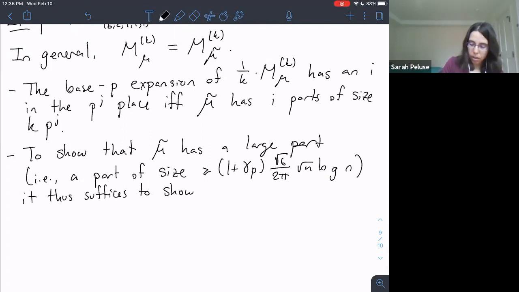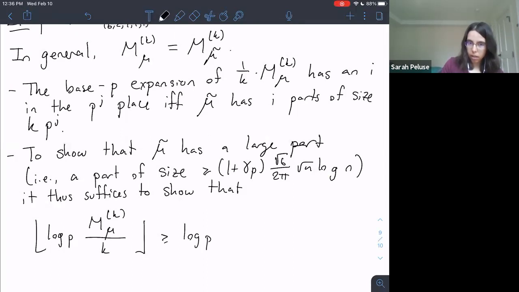It suffices to show that the floor of the log of this quantity is at least this large.